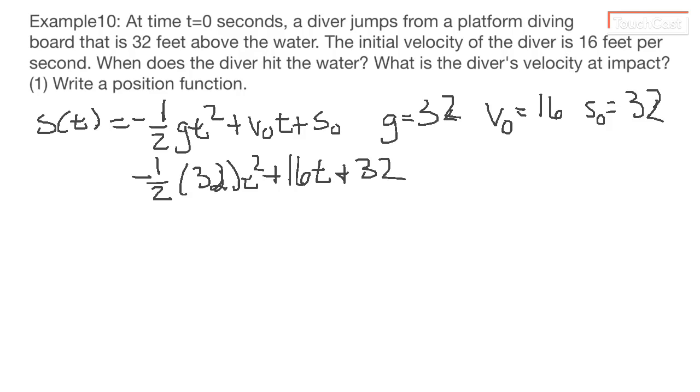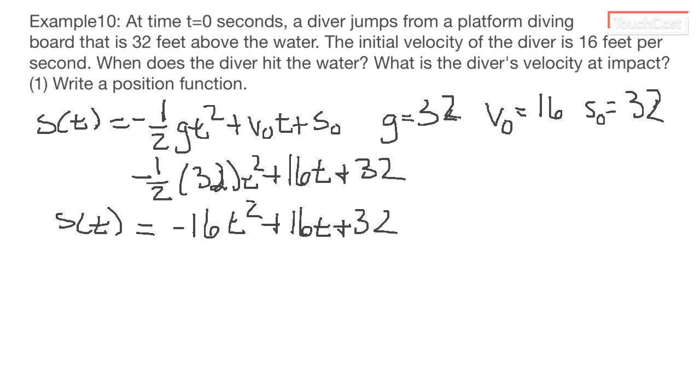And we're going to simplify negative 1/2 times 32, clean it up. So we're going to have negative 16 t squared plus 16 t plus 32. This is our position function.